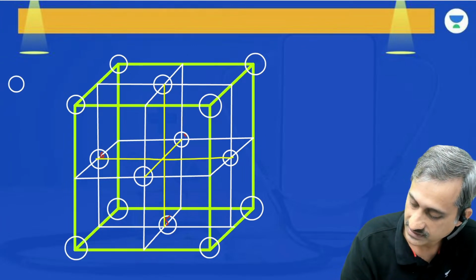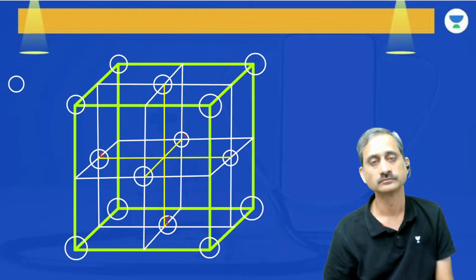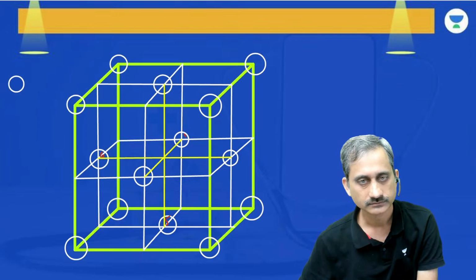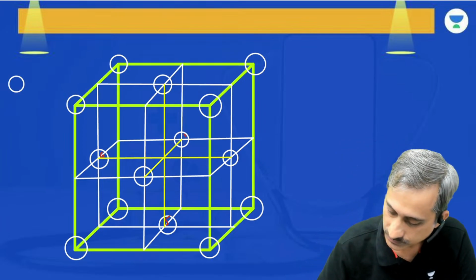This is a face-centered cube. Now what I do is I take one cube out of it. Let's say this one cube. We talk about this cube.